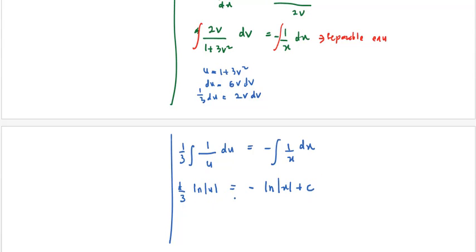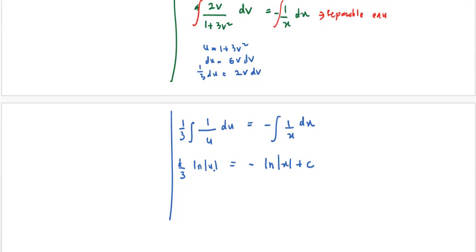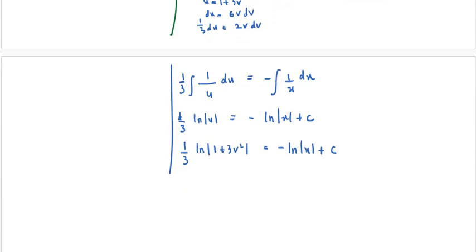Okay, alright, so this is not your solution, because u ni kamu kena replace balik dengan yang asal dia tadi kan, 1 plus 3v square, so kita akan dapat 1/3 ln 1 plus 3v square equal to negative ln x plus c. Okay, sudah dapat bentuk macam ni. Kamu kena replace balik v ni dengan apa? Y over x.